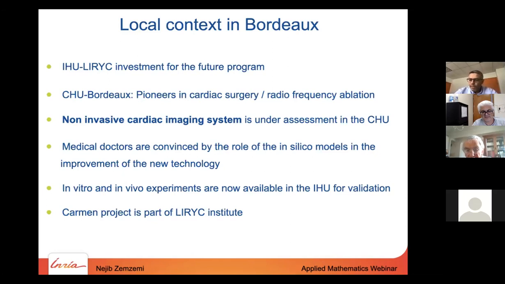It was an occasion for us to work on this and on the data generated by this system in order to test new techniques.